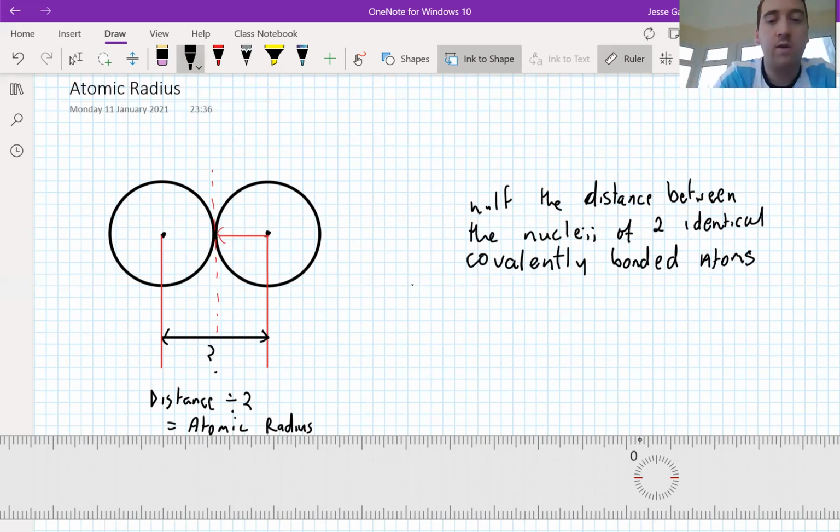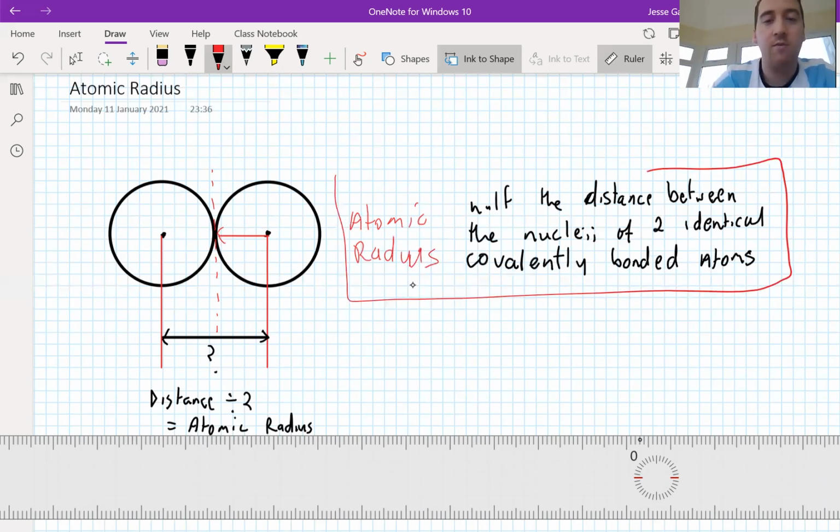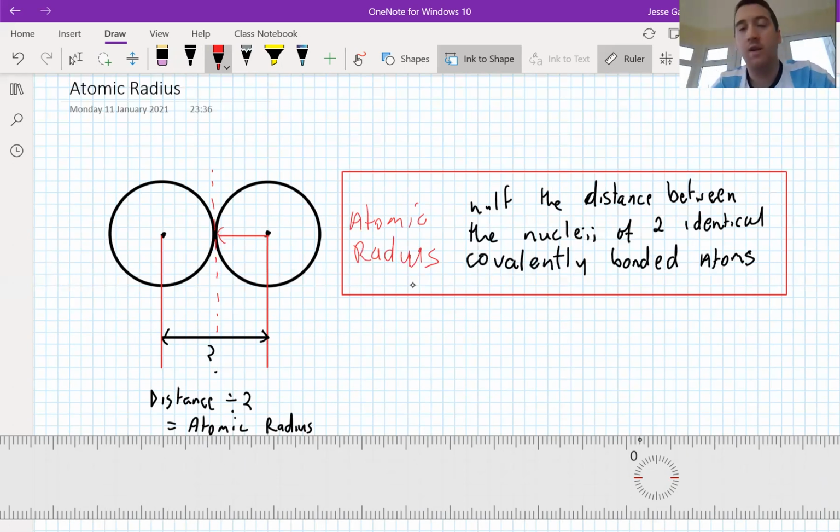This here is what we call the atomic radius. It's a good idea to make a note of this definition. So this is a definition, and we know our definitions, we've got to learn them word for word.